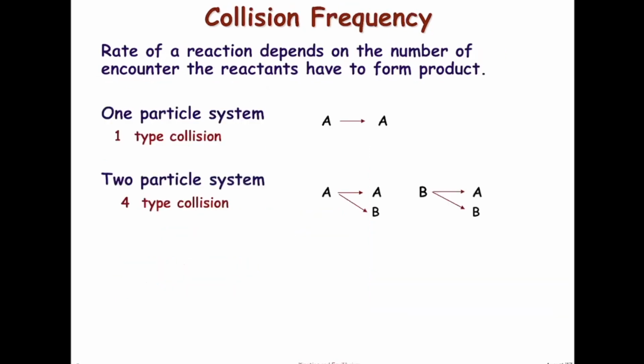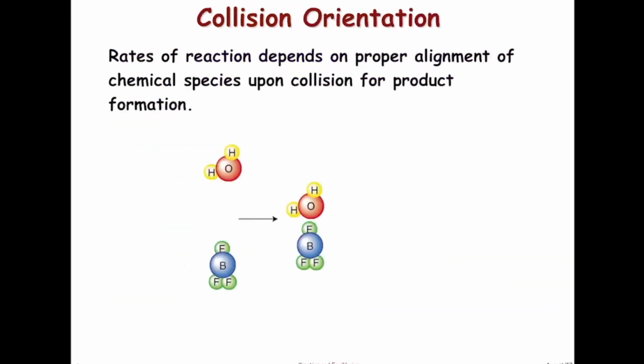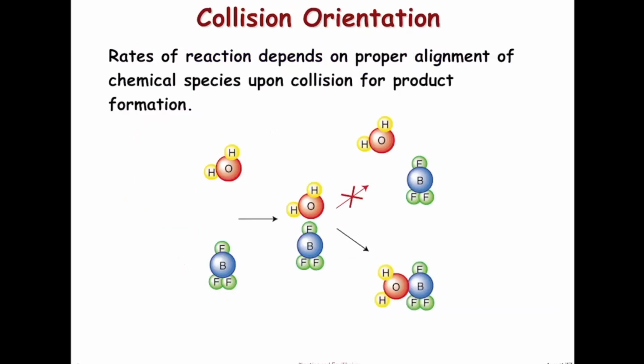So here's, again, collision frequency. They have to collide in order for these things to happen. More particles, faster reaction. Here is orientation, also called the steric factor. They have to have the right orientation. Now, there's no way for you to monitor a chemical as it collides, so we treat this statistically.